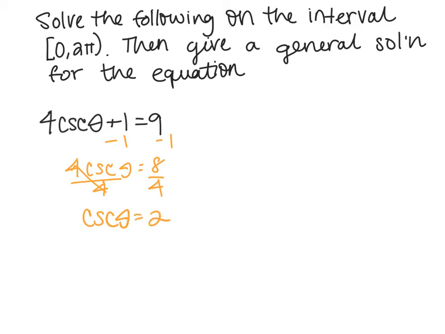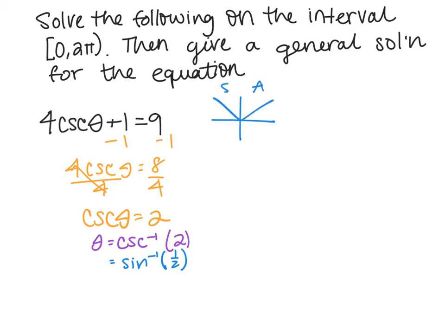So now we can take our inverse. And theta is equal to inverse cosecant of 2. I always like to think of these using sine and cosine. So this means that it equals inverse sine, and you just flip the inside of 1/2. So we're dealing with positive sine function is positive in the first and second quadrants.